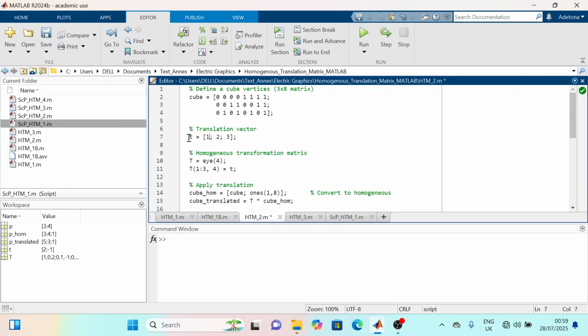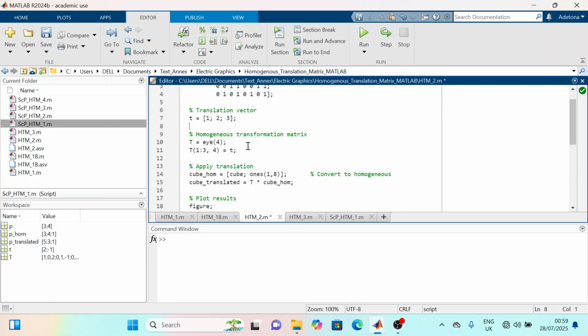We have generated that translation vector, which is going to have the dimension of 3D, which is 3 by 1. But don't forget, for 3D the transformation matrix is going to be a 4 by 4 matrix.